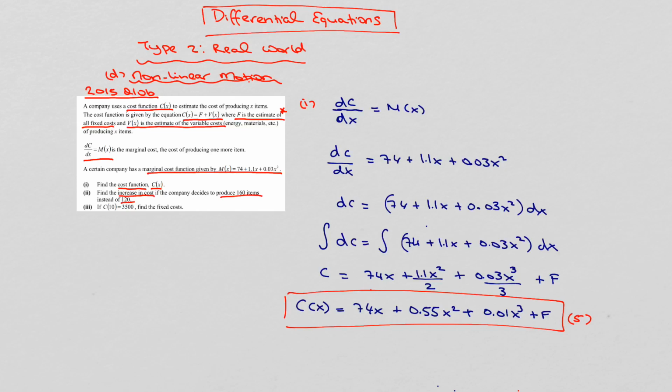So the third part of the question then says, if C of 10 is equal to 3,500, find the fixed cost. So again, another very basic algebra question. Very little integration in this question at all. So we have C of 10 is equal to 3,500.